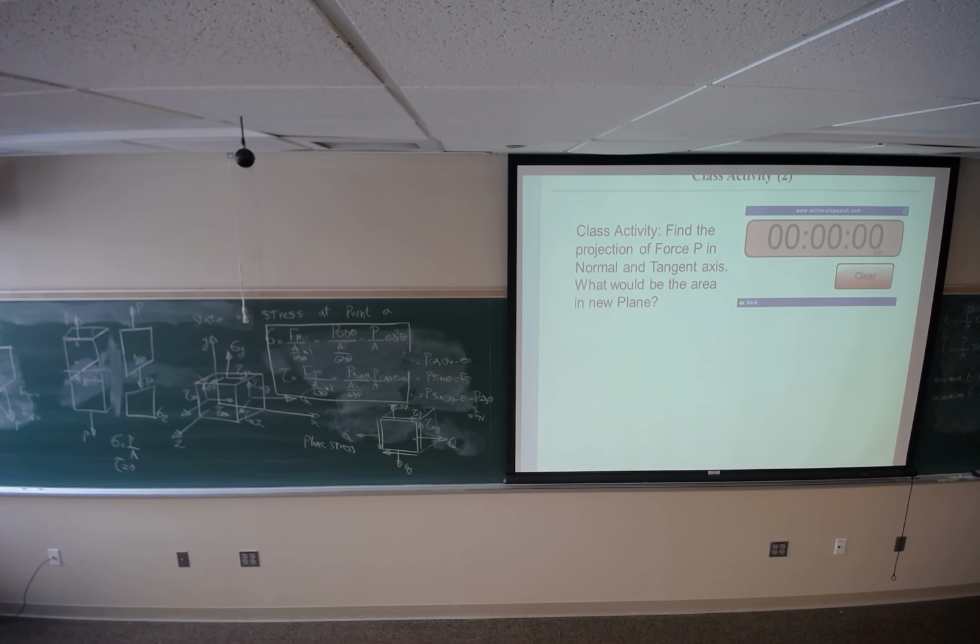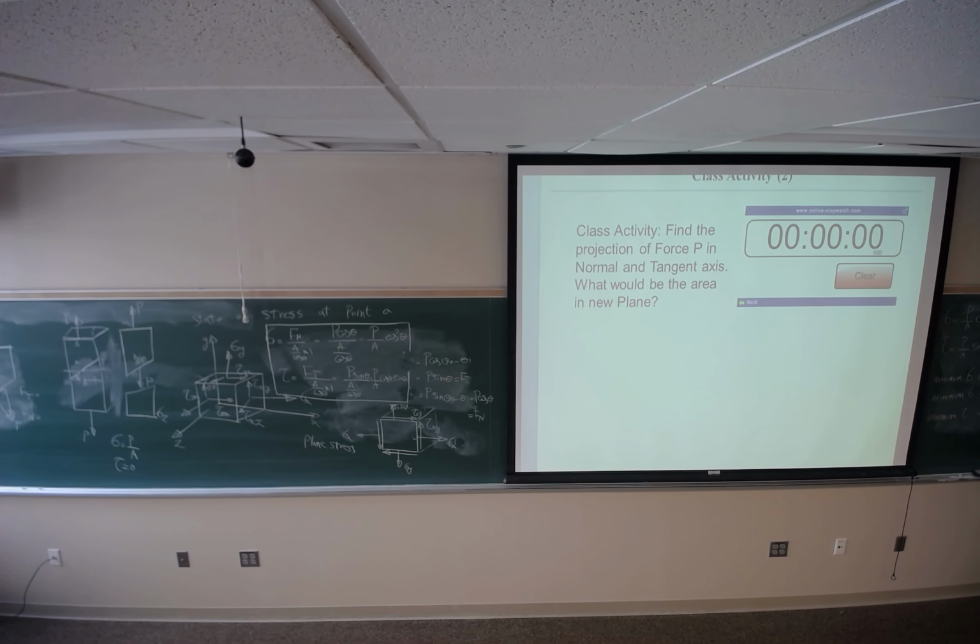Now I would like to see at which angle I'm going to get the maximum shear stress and the minimum. Maximum shear occurs at, we have sine of 2 theta. The maximum value for sine of 2 theta occurs when sine of 2 theta equals 1.